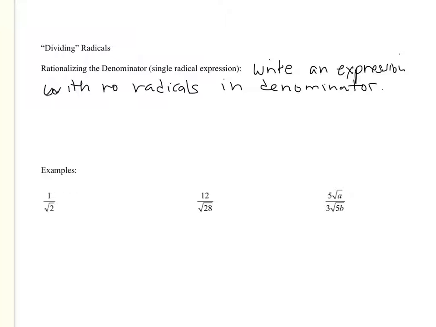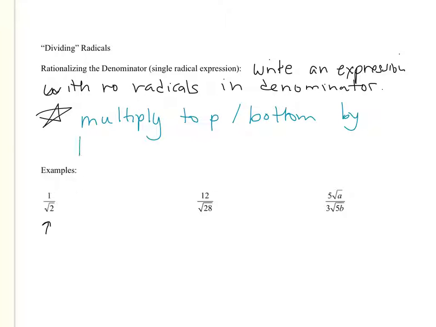So it's a very simple process when you have a single radical on the bottom. All we want to do to rationalize it is we're just going to try to multiply top and bottom by a term to make the bottom a perfect root.